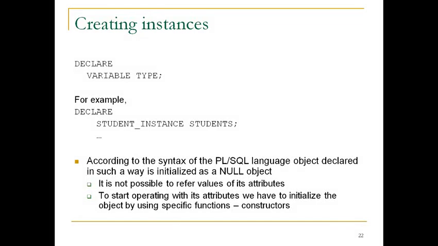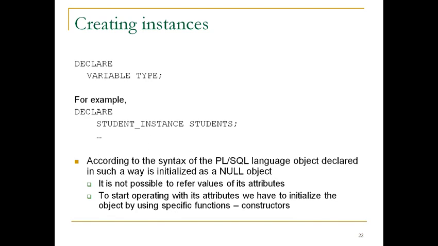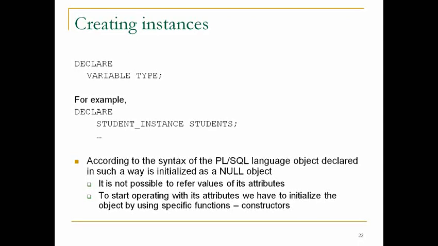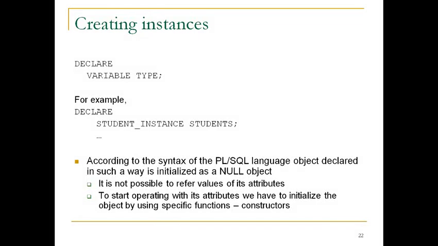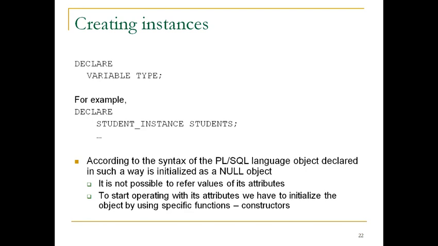According to the syntax of the PL/SQL language, the object will be a so-called null object. And actually we can illustrate it like this. If the object is null, it has some fields. For example, if it was student, its fields would be name, surname, and so on.